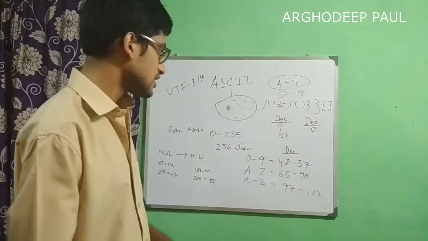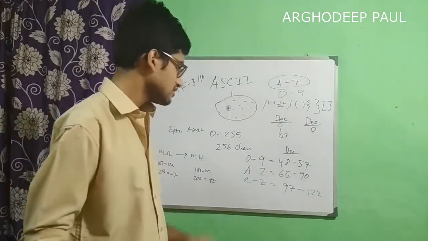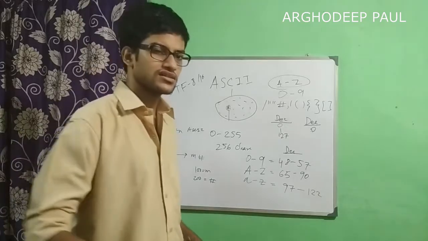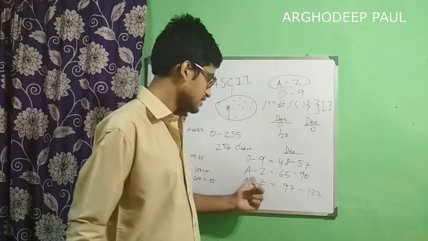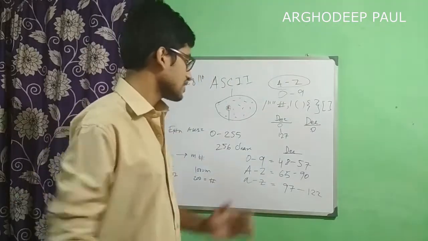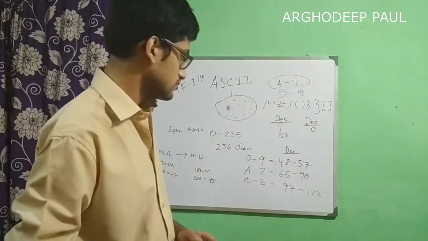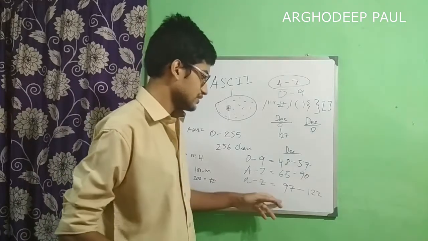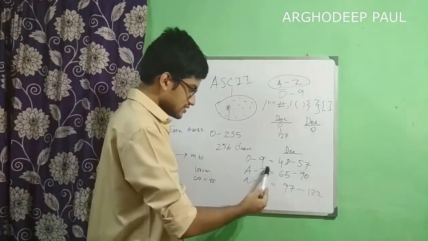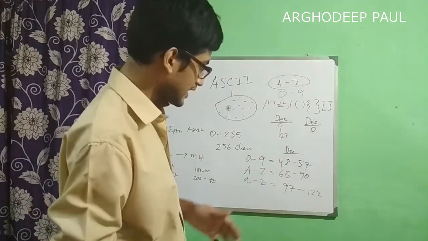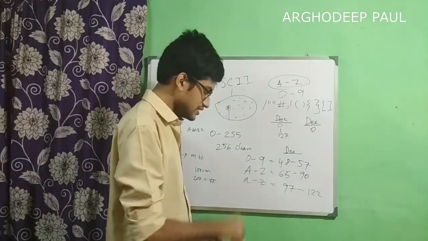So for 0 to 9 this should be 48 to 57. Just check once if these are right. Still, for capital A to Z it is 65 to 90, and for small a to z it is 97 to 122.